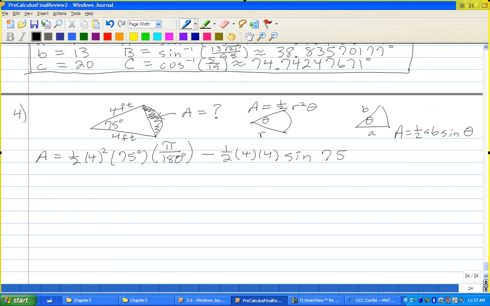It really doesn't matter if I write this in degrees or in radians.